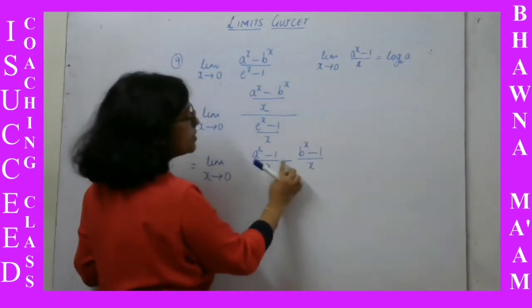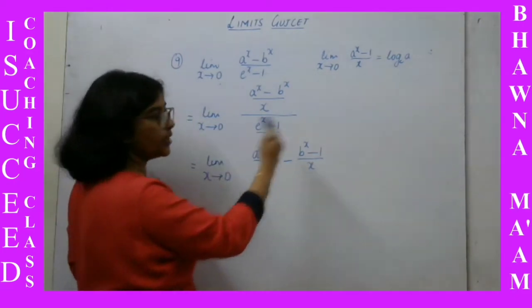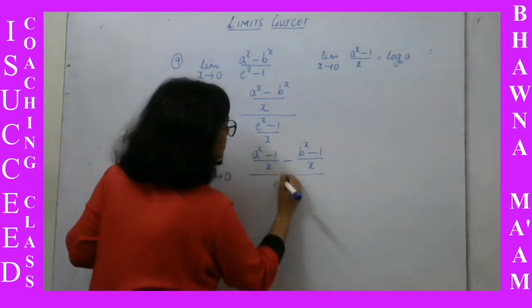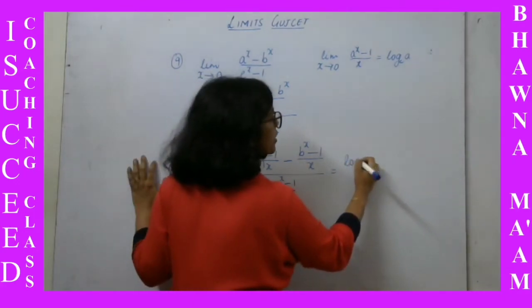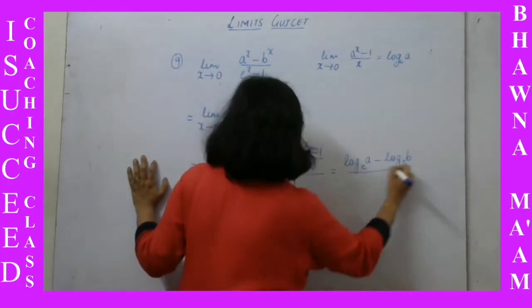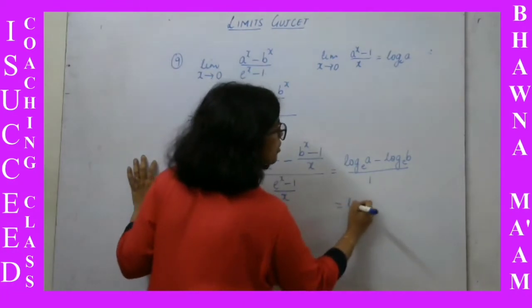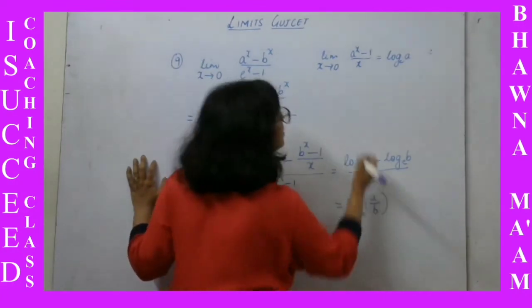So that becomes minus of minus, plus 1 and minus 1. In other words, we have subtracted 1 and we have added 1. Putting the limit for all the terms here, we have log a to the base e minus log b to the base e upon 1, or it is log a upon b to the base e.